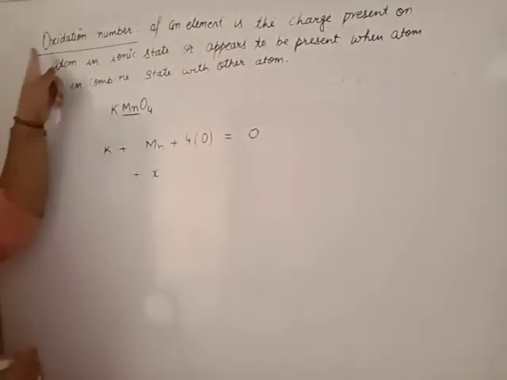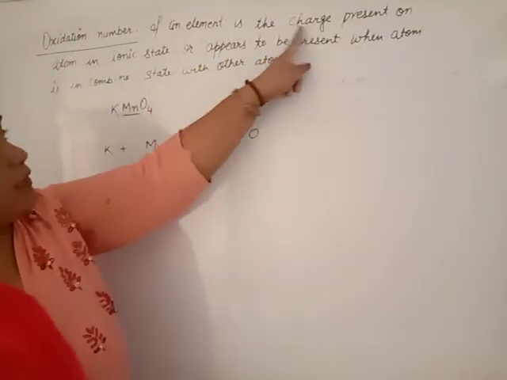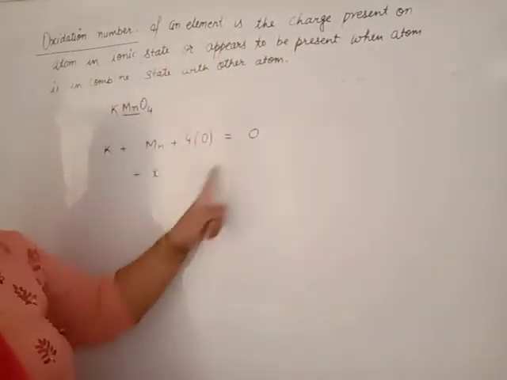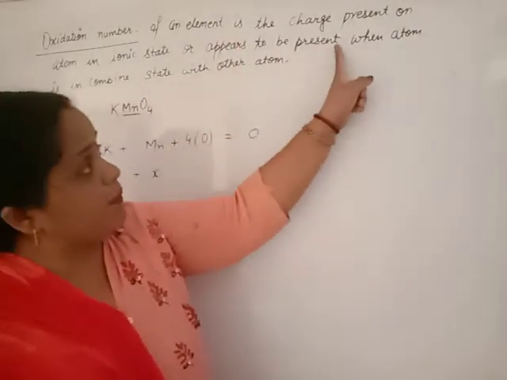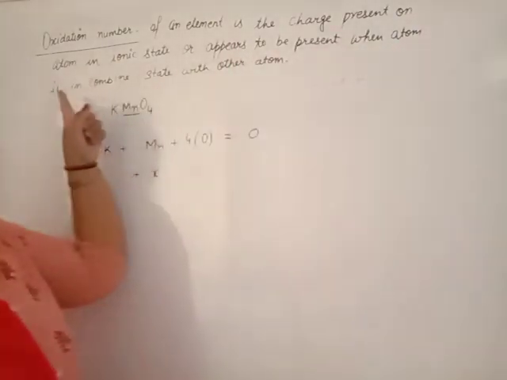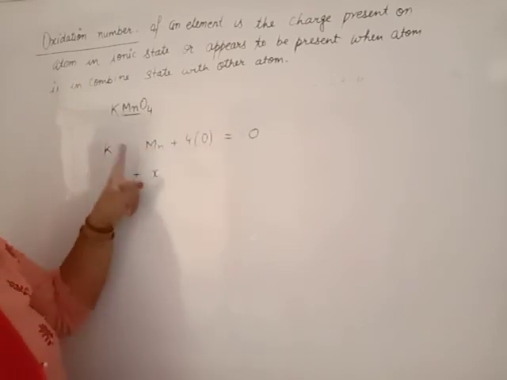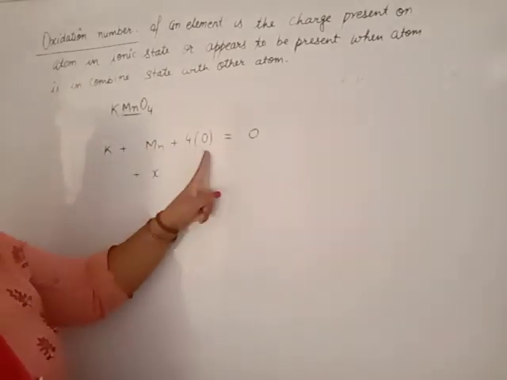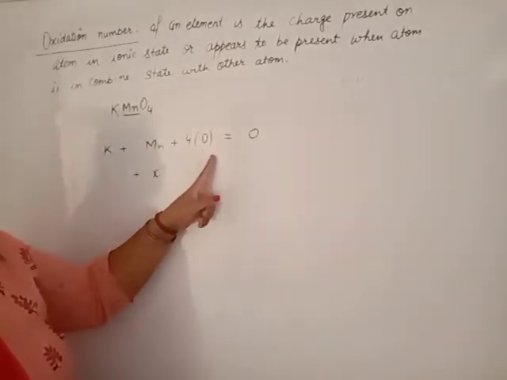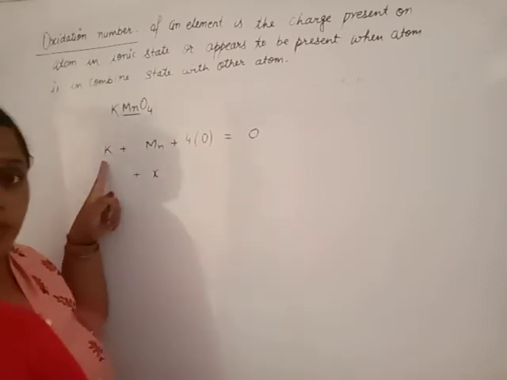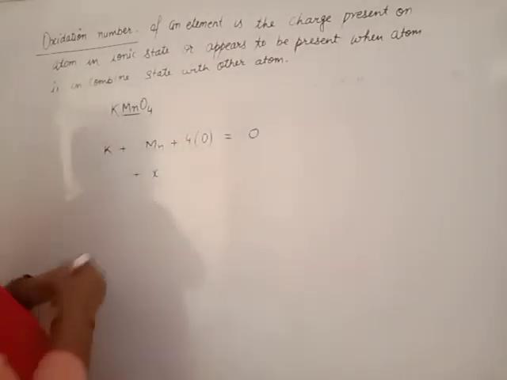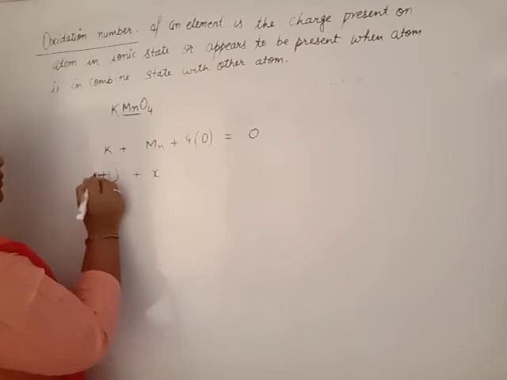Beta, oxidation number is the charge present on an ion, and appears to be present on an atom when present in combined state. Manganese is present in combined state with these two, so which type of charge appears? That will be calculated on the basis of valency. It is +1.